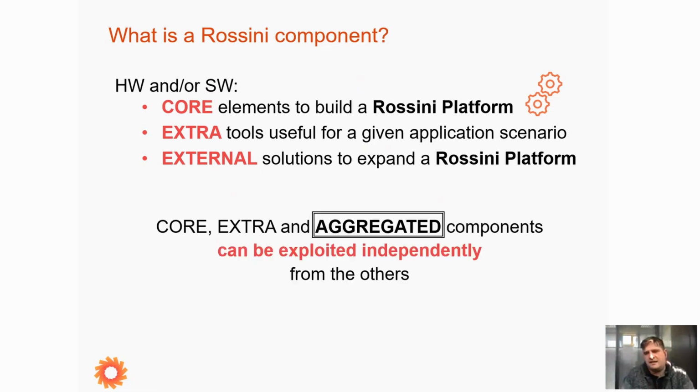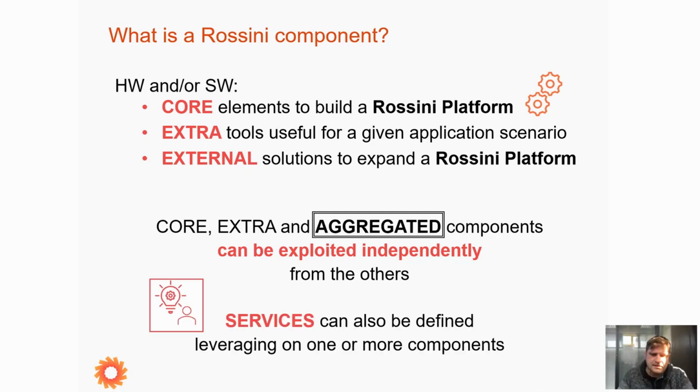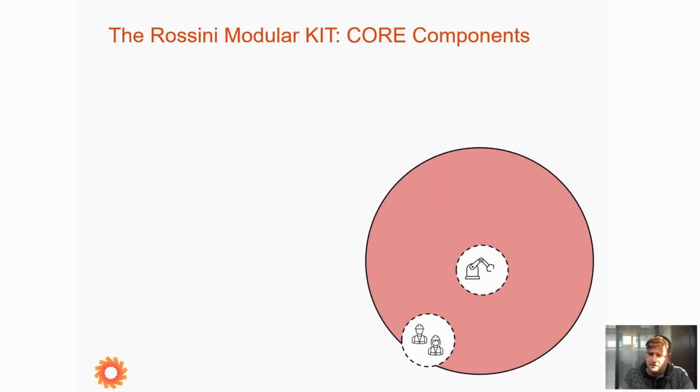So from the exploitation point of view, the idea is that core, extra, and aggregated components, in the sense that more than one component can be seen as a whole, can be exploited independently from the others. And of course, on top of this, we can also build services that leverage the components built during the Rossini project.